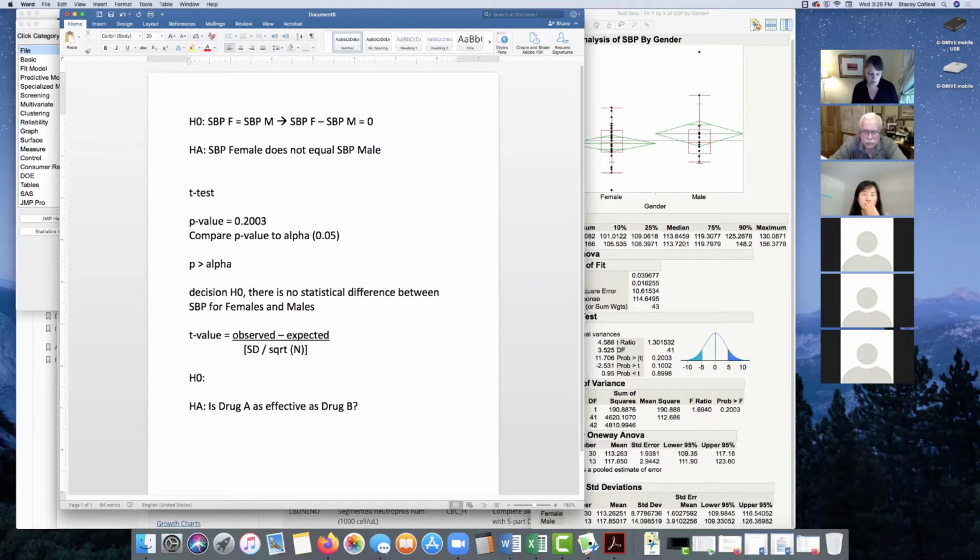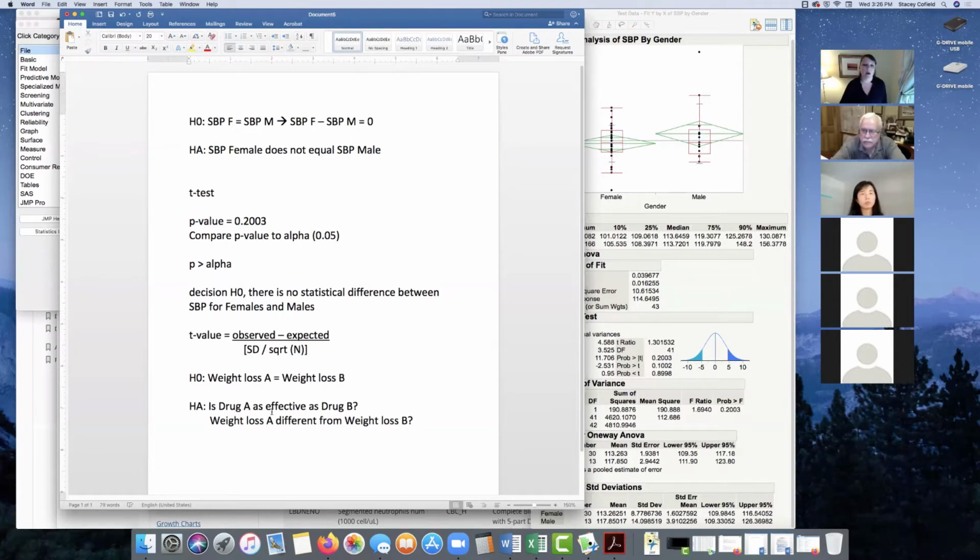So is weight loss A equal to weight loss B? That's my question, but that becomes my null hypothesis: weight loss A is the same as weight loss B. Is weight loss A different from weight loss B? Not different, different. These are our standard hypotheses.